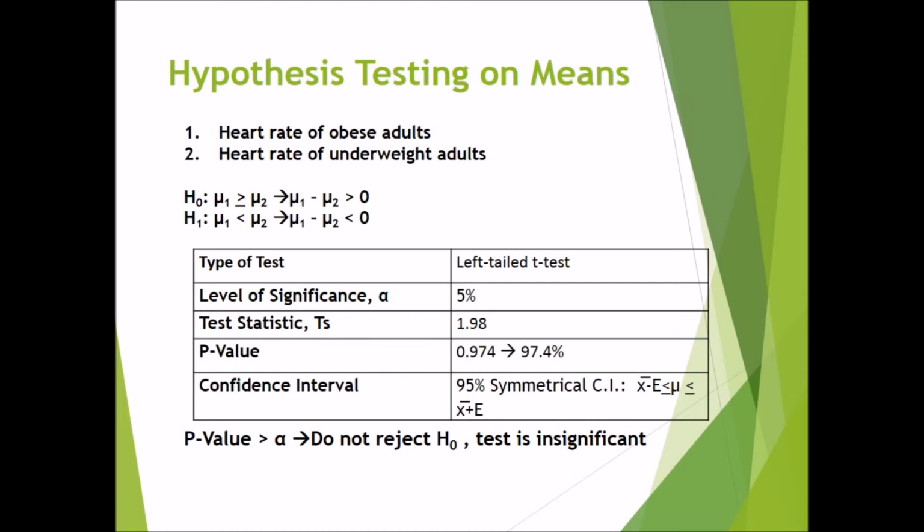By using a left-tailed t-test and a level of significance of 5%, we found out that the TS, which is the test statistic, turns out to be 1.98, and the p-value to be 97.4%. Hence, since the p-value is more than alpha, we will not reject H0. Therefore, the test is insignificant.